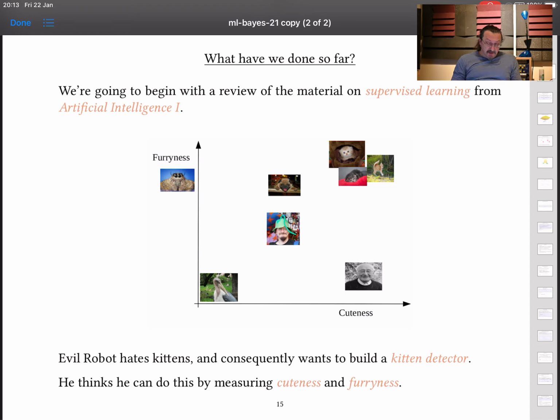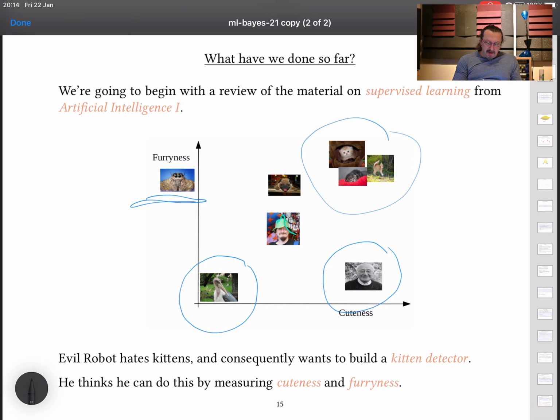There's this chap down here who is neither cute nor furry. God knows what this is. This bloke seems, I don't know. Do you think he's cute? Who knows? But he's definitely not furry. The kittens are up here, and in the middle you've got some weirdo, and a sort of not particularly cute dog, in my opinion. Okay, your opinion of the dog may differ. Who knows?